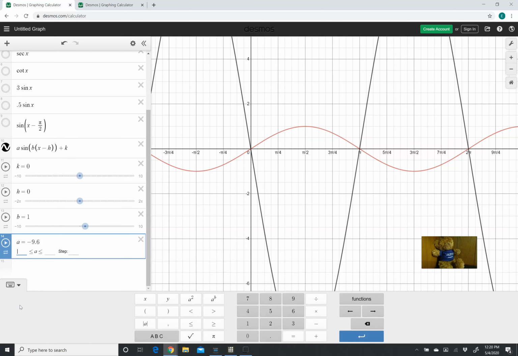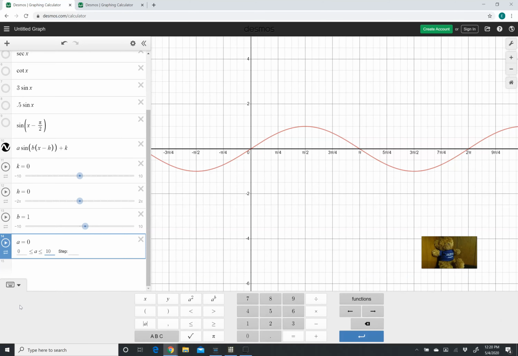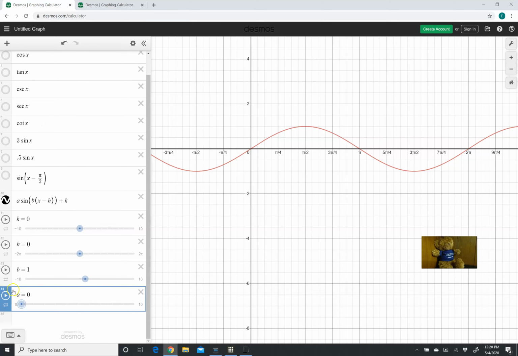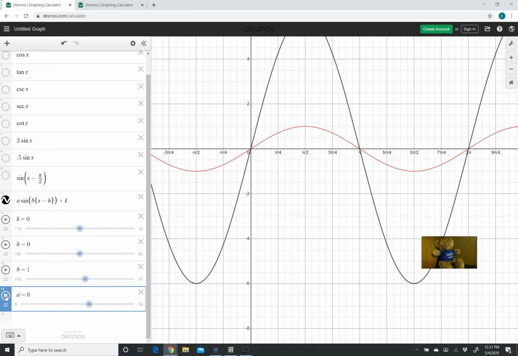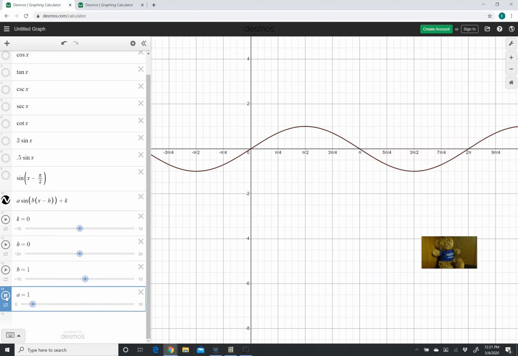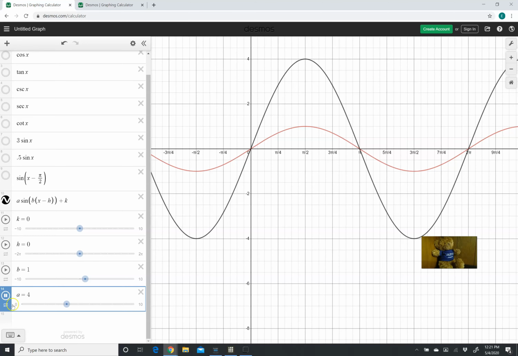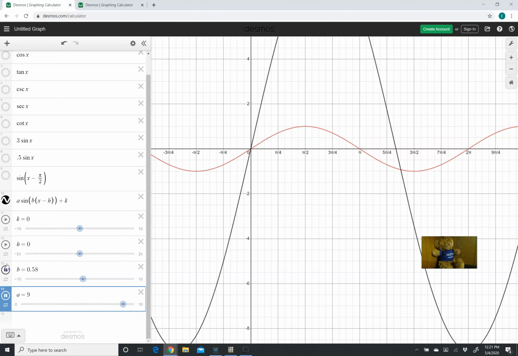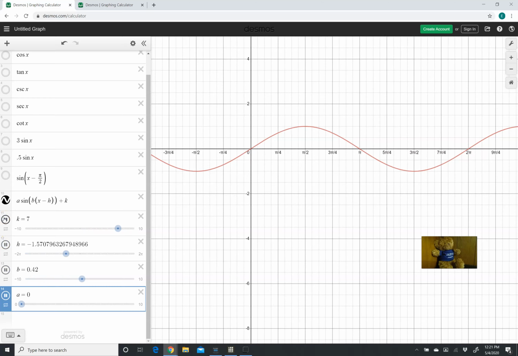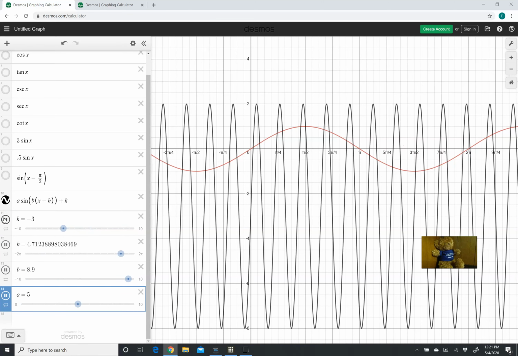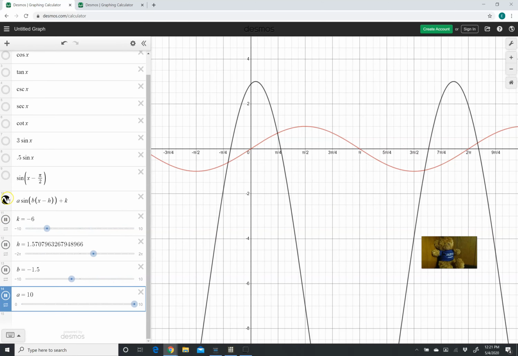So this should go from 0 to 10, because I don't want it to reflect it. So it gets really large, and then as the A gets smaller, the height gets smaller and smaller, okay? Okay, let's put them on all together, and you could see how much graphs can change, okay? So this is just an example of how much your graph can change.